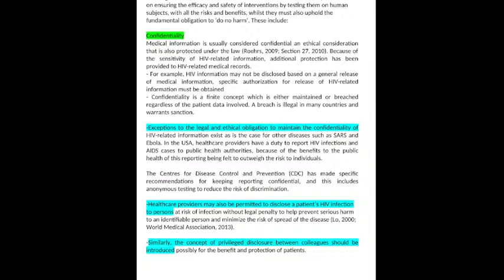Of course, if a person is maybe a criminal and has the tendency to infect people in the village or wherever he goes, then such information can be passed to the public or to security measures so that people can take care of themselves. Another time that confidentiality may be breached is the concept of privileged disclosure between colleagues.